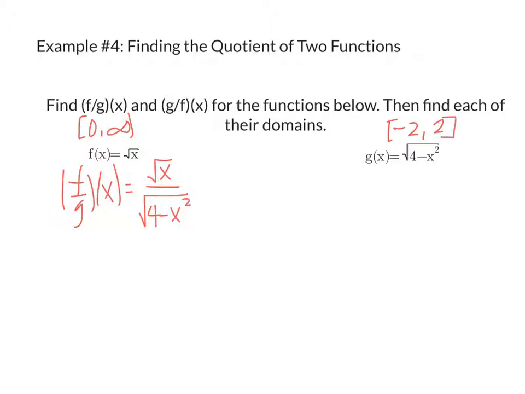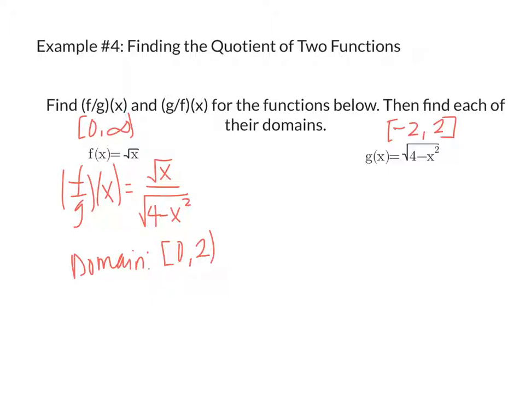Okay, so with that being said, our domain for the first function, and you can verify using a graphing calculator, is from 0 up to 2, but it does not include 2. Okay?